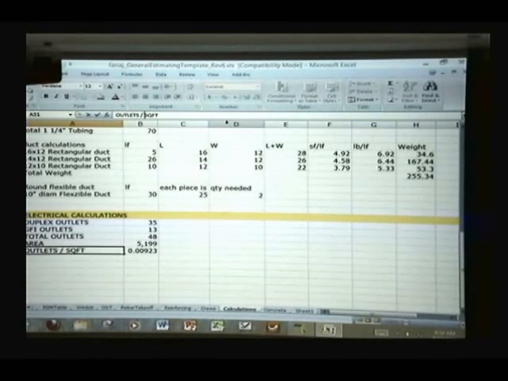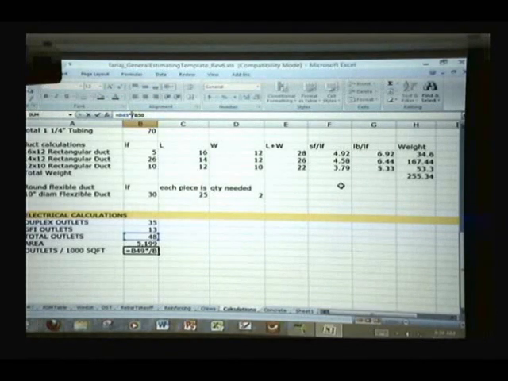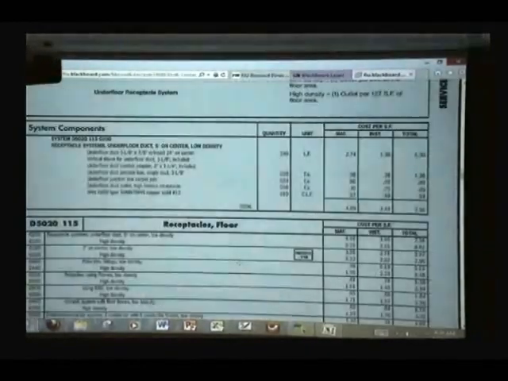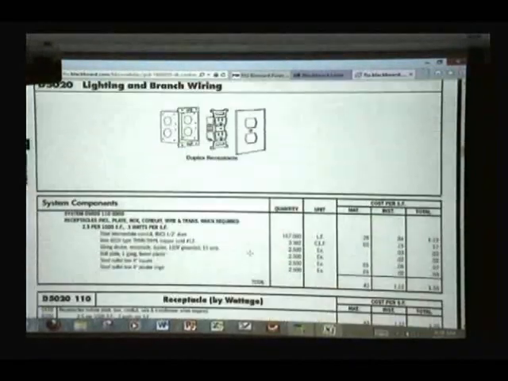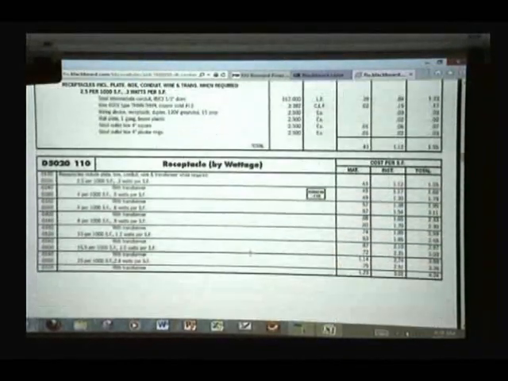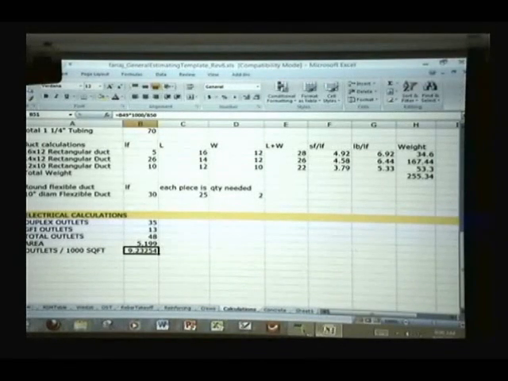The book cost data was per 1,000 square feet, right? So I need to multiply these by 1,000. So I got 9.2. And I'll go here to these outlets. 9.2.